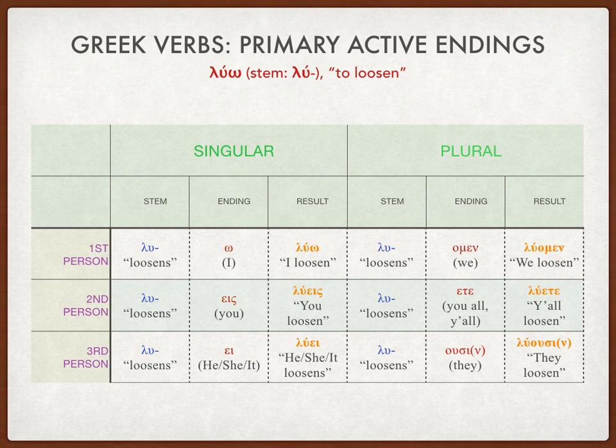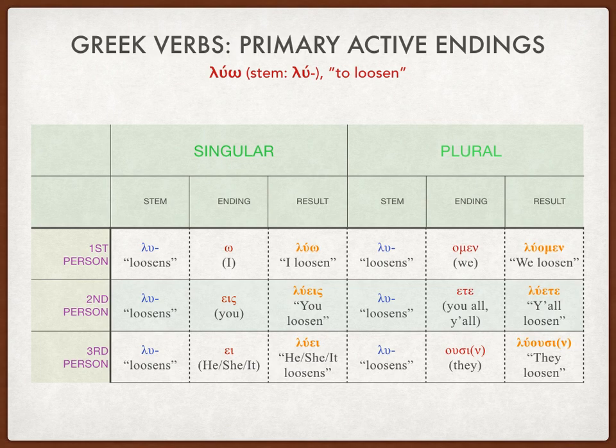Third person singular, he, she, or it, we saw before, ei. If I put that on the end of lu, it gives me luei, he, she, or it loosens in that third orange. On the right side, if I'm just changing them to the plural, all I have to change is the ending. So this is a case in point. Pay attention to the endings of the verbs that you're dealing with. Luomen means we loosen.